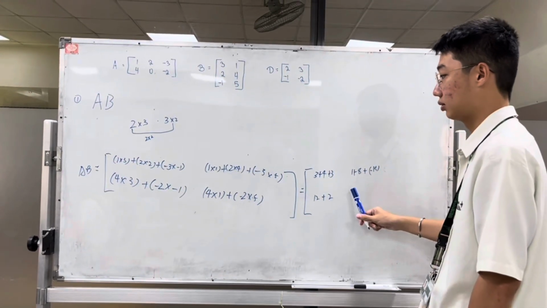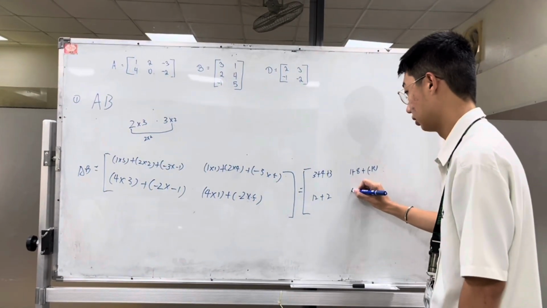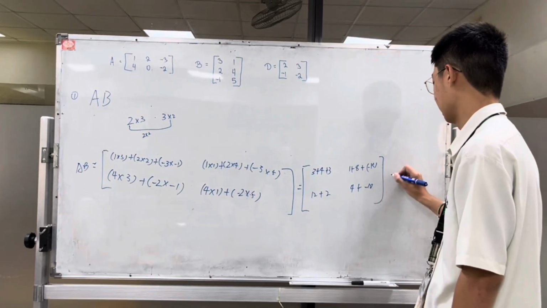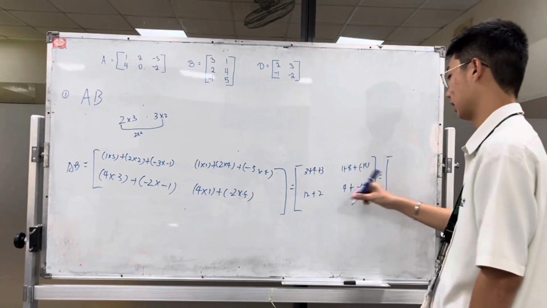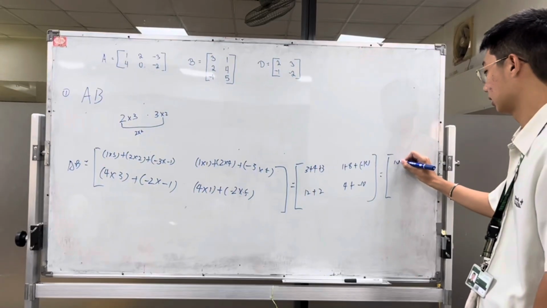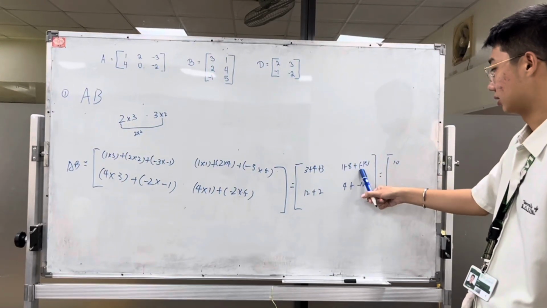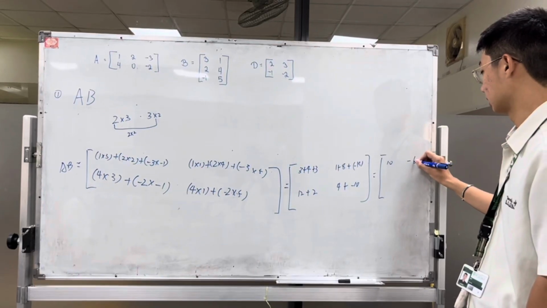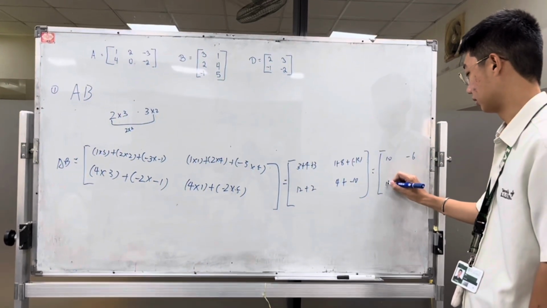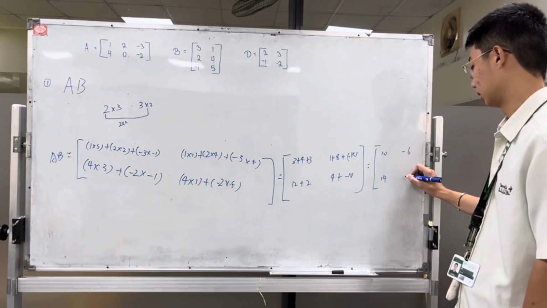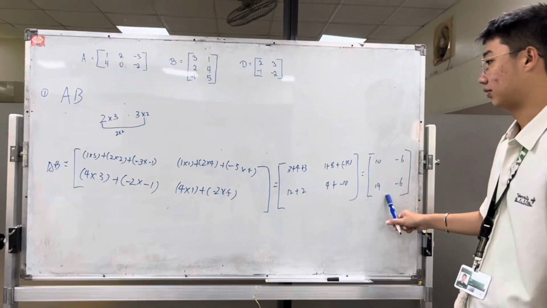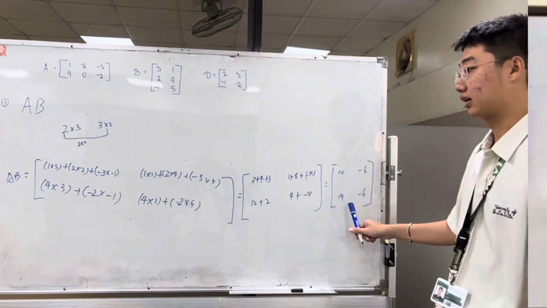And our AB22, which is 4 plus negative 10. And we'll get 10 here. AB12 is negative 6, with 14 and negative 6. So that's our final answer for matrix A.